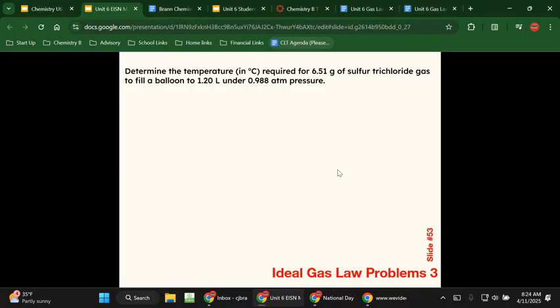Moles. Can we convert 6.51 grams into moles? How? What do we need? We need the formula mass. So we need the formula mass for SCl3, sulfur trichloride. So, sulfur, 32.06, plus 3 chlorines at 35.453, giving us a mass of 138.41.